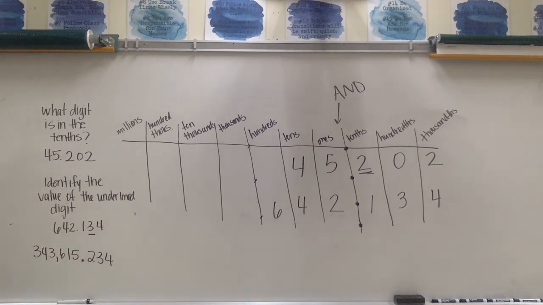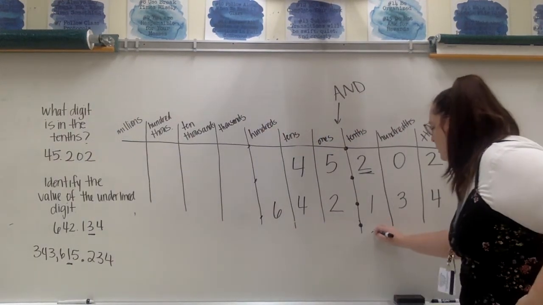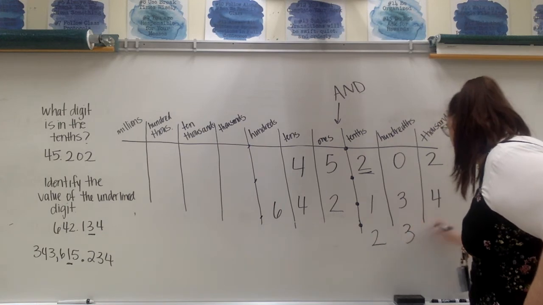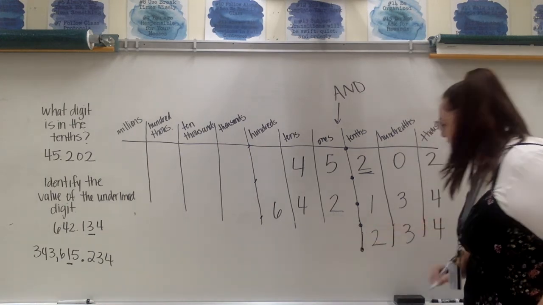So I'm going to underline a digit. Let's underline that one. So let's go ahead and write this number. I'm actually going to make sure I'm lining up my decimal. So I'm going to start my decimal and do the numbers after the decimal. So I have 2, 3, 4, and I can bring down my lines if I want and make sure my decimal is there.